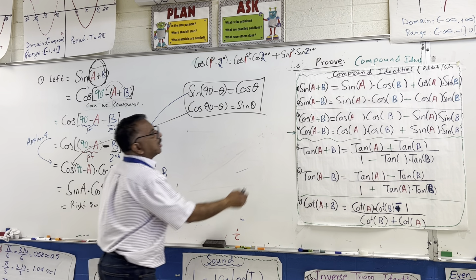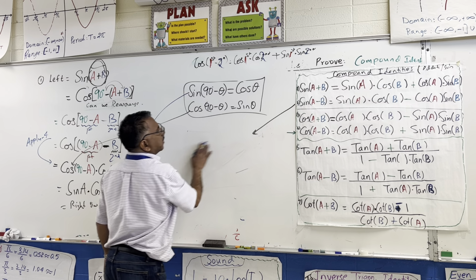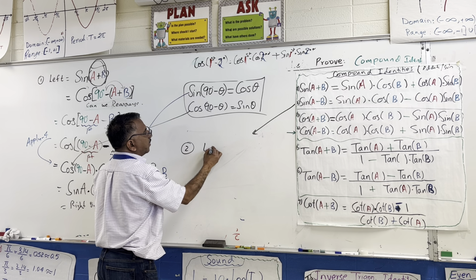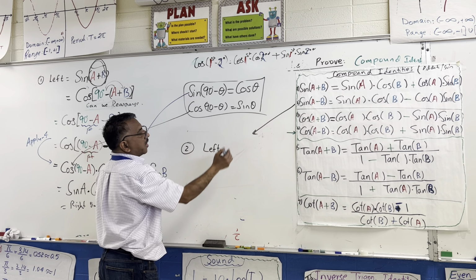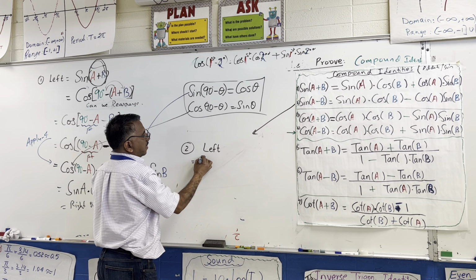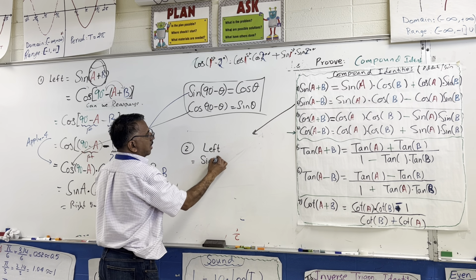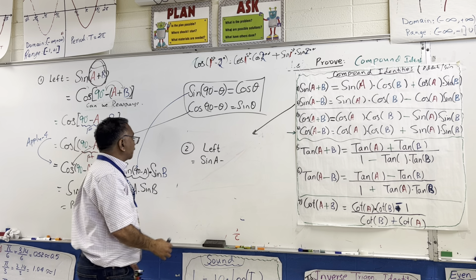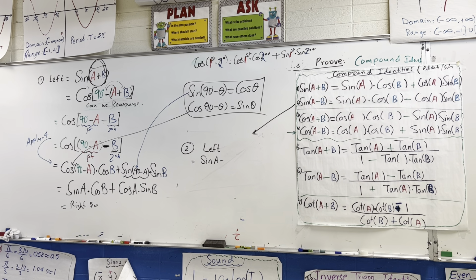Let's quickly do this problem, the third one. I'm going to make it small here. Let's start with the left. We did the first one, right? So the left is sine A. I took a lot of trouble to put in the color, right?